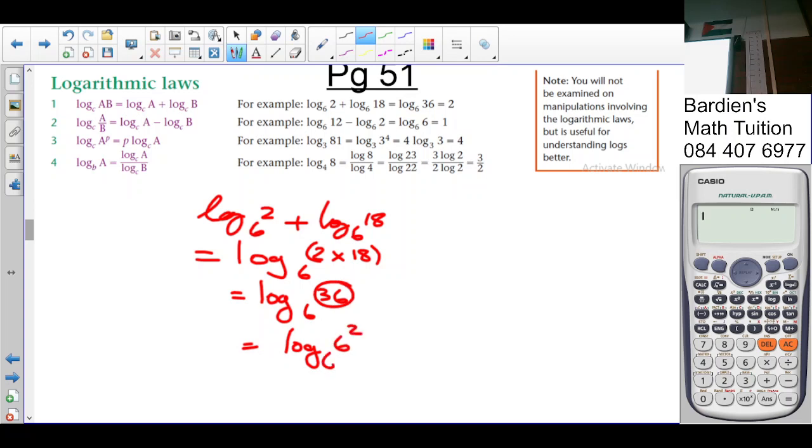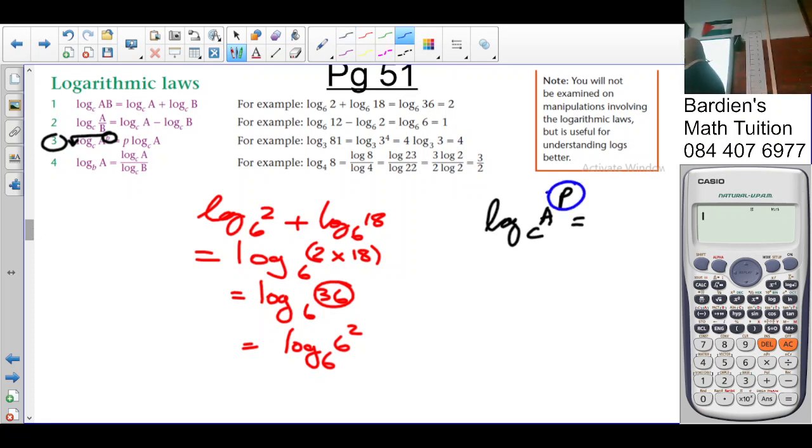6 squared. Now coming to the third law of exponents, you see that the exponent on that A is P, and you can write that in front as well. This is now the third law: if you've got log A to the exponent P base C, this exponent can be written in front as P log A base C. So I'm going to apply that law here.